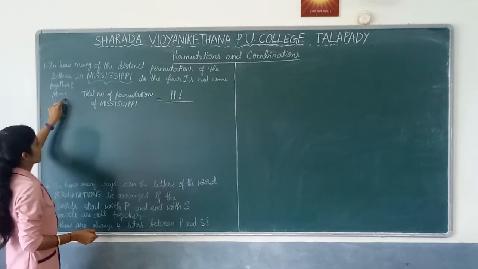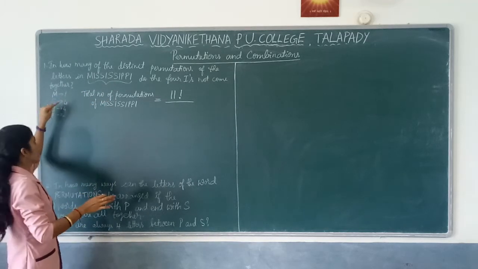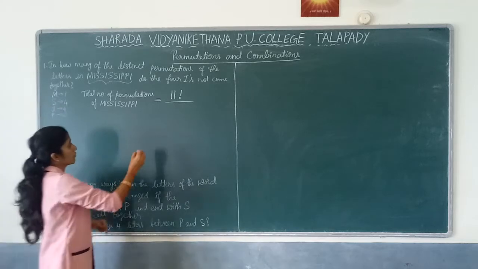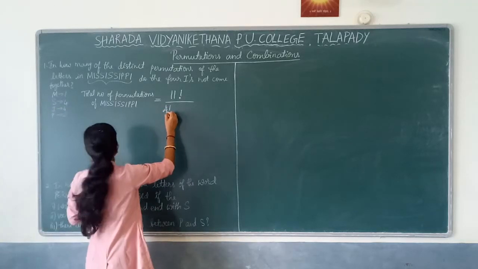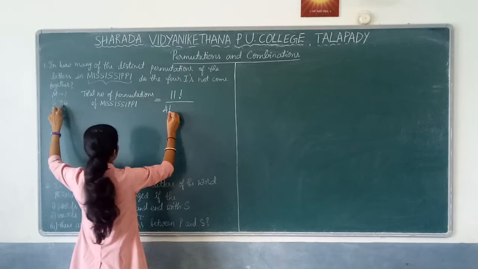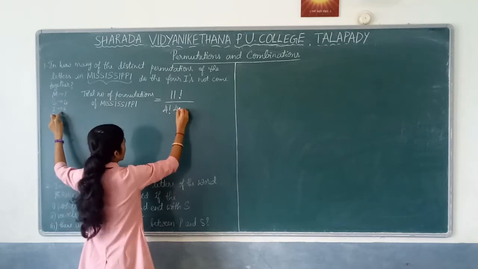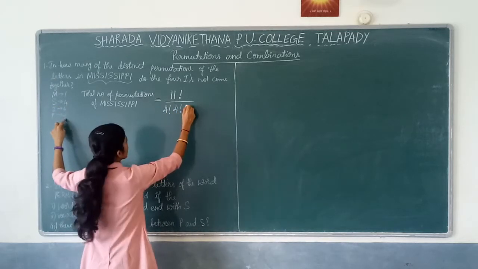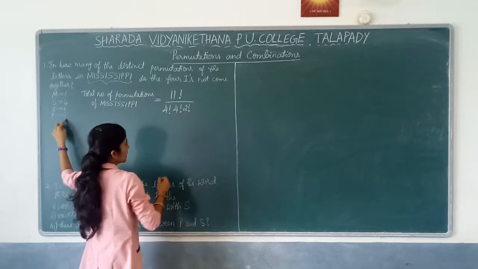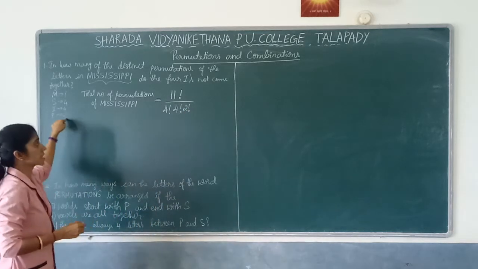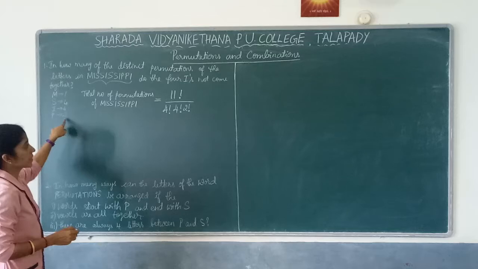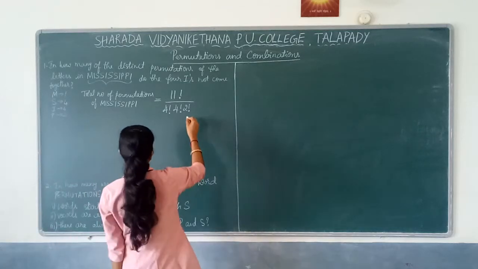M is only 1, so you need not divide by 1 factorial. S is 4 times, so you divide by 4 factorial, and I is 4 times, so again divide by 4 factorial. P is 2 times, so divide by 2 factorial. And simplify this: 11 factorial divided by 4 factorial into 4 factorial into 2 factorial.